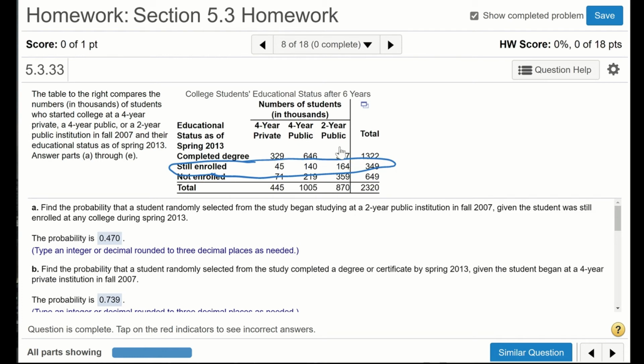So right here, so basically we're going to be dividing that number by this number. The mistake that most students make, they do find that number, but they divide it by this one. That would be if they only asked you the question without the restriction. So now we've reduced the sample space to the still enrolled group. So we're going to divide 164 by 349.